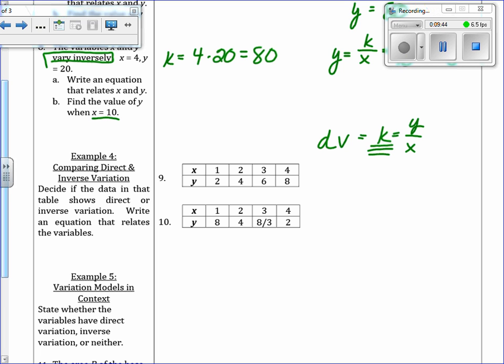So 2 divided by 1 equals 2. 4 divided by 2 equals 2. 6 divided by 3 equals 2. 8 divided by 4 equals 2. So this is direct variation.